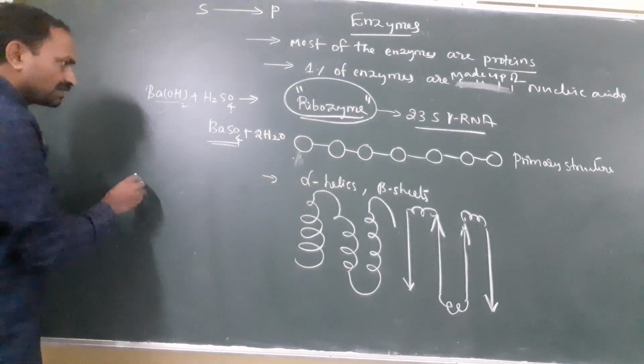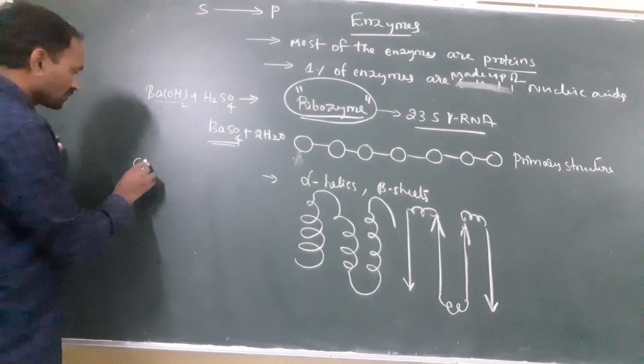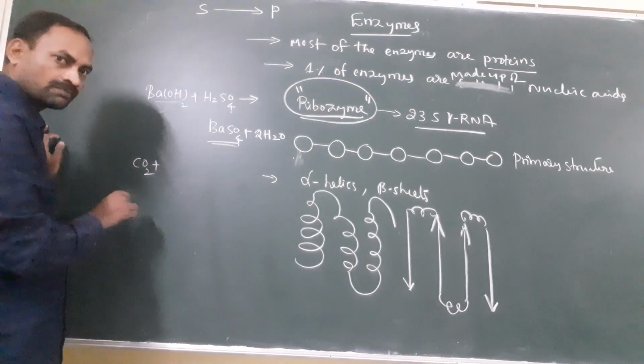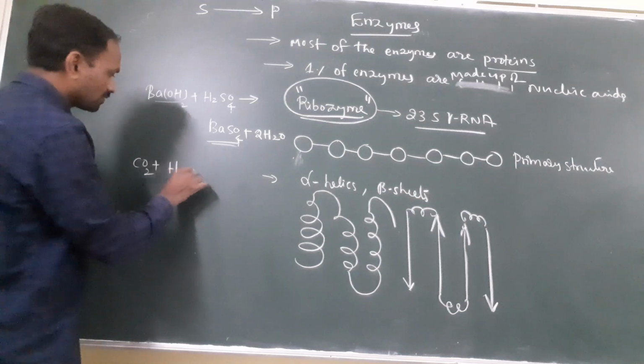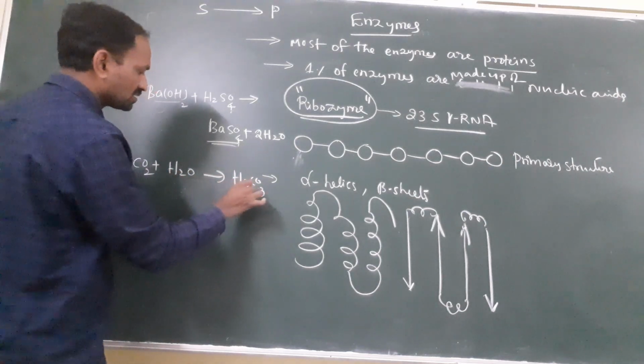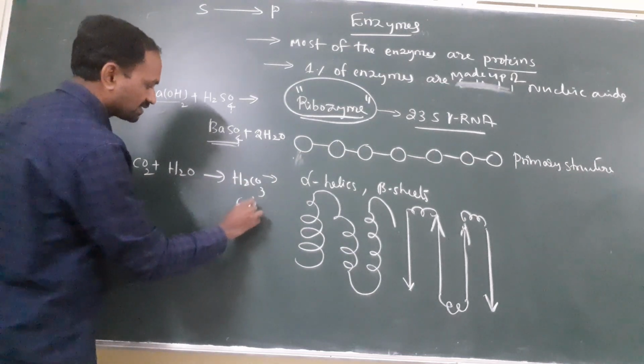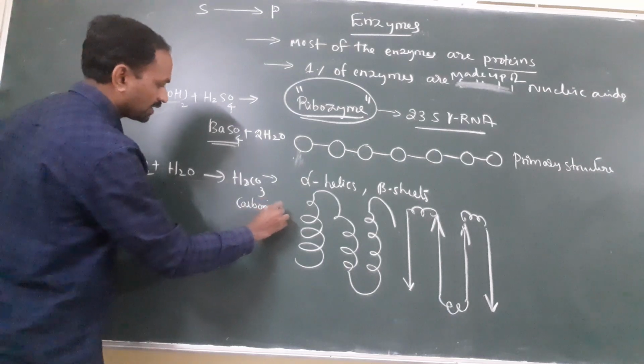So if you see an enzyme catalyzed reaction, for example, carbon dioxide combines with water and forms H2CO3. Here this is carbonic acid.